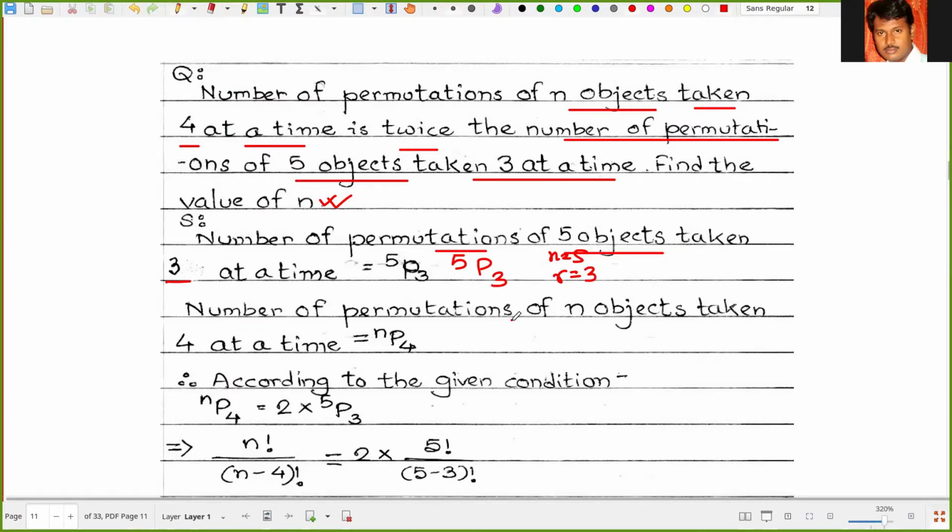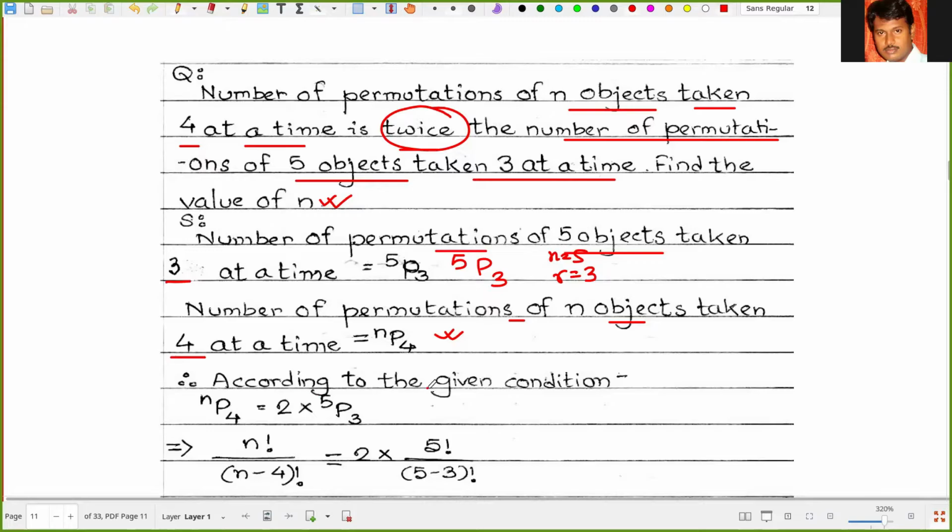The number of permutations of n objects taken 4 at a time should be nP4.